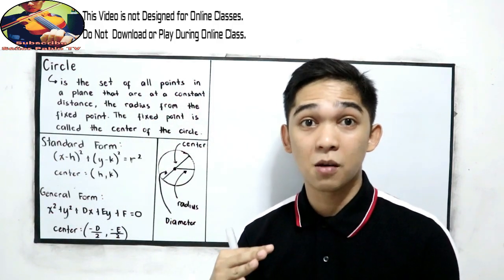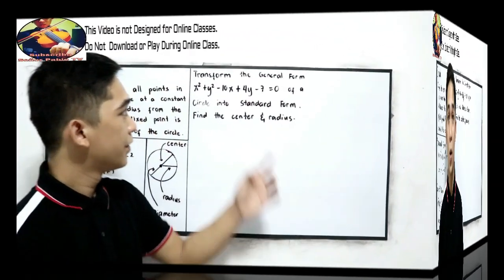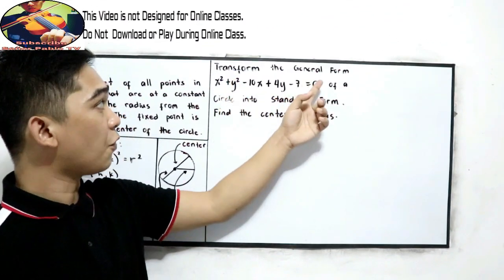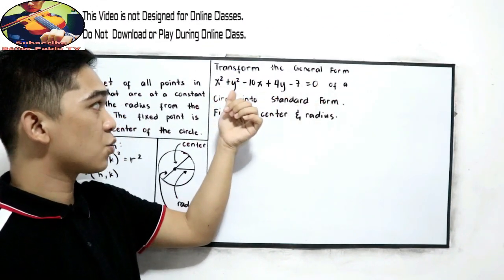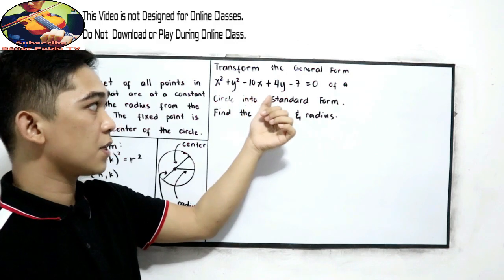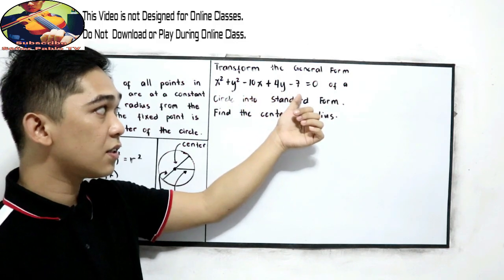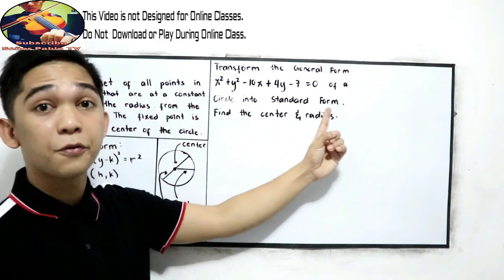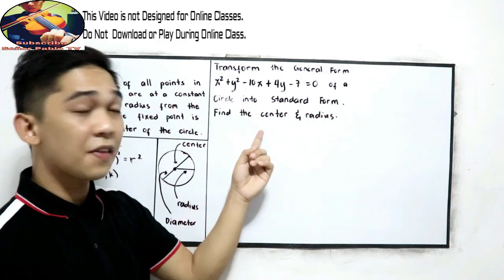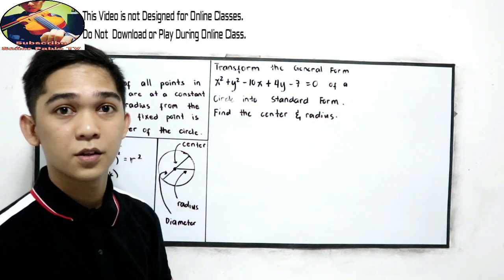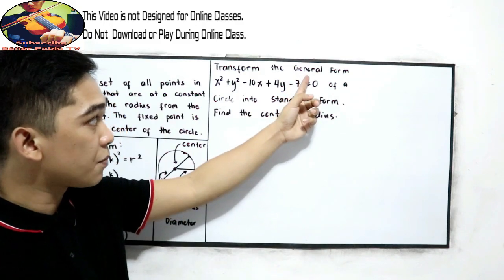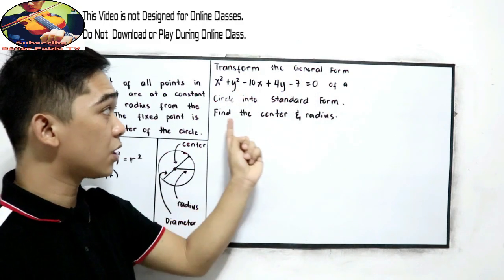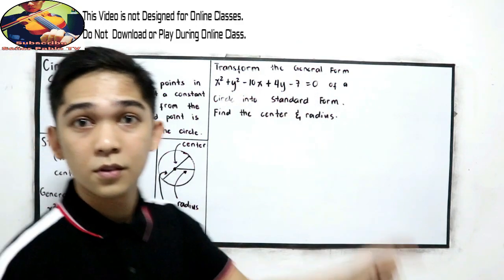Let's have the following examples. And now let's have this example. Transform the general form x squared plus y squared minus 10x plus 4y minus 7 is equal to 0 of a circle into standard form. Find the center and radius. So from general form, we're going to transform into standard form.